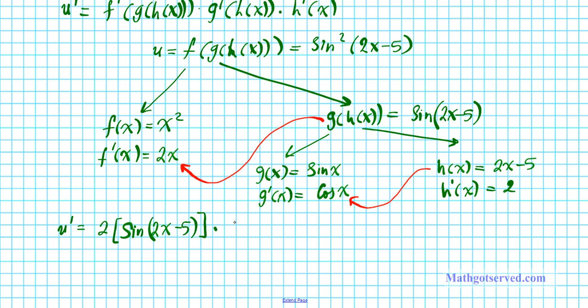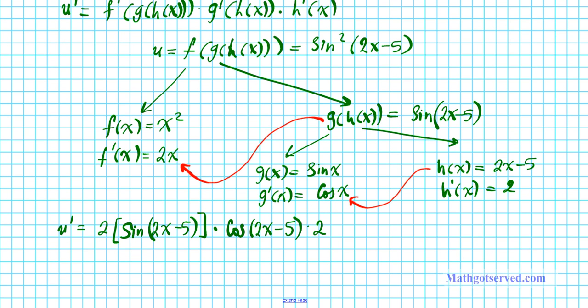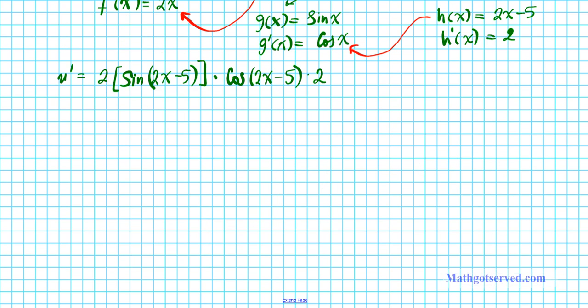That yields, instead of cosine x, cosine of 2x minus 5, times h prime of x, which is 2. So I just put all those pieces into this chain rule formula to generate this expression. We have one piece of the quotient rule formula, the u prime piece. Now let's go ahead and find v prime.